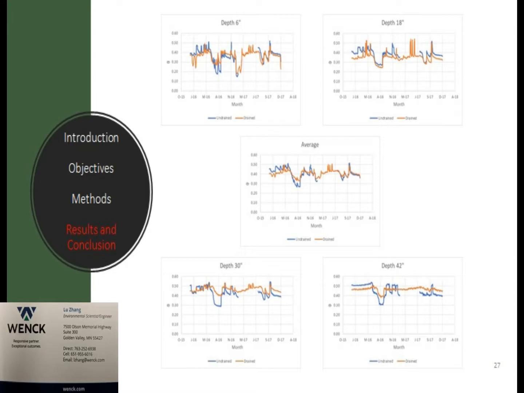When the soil moisture drops below the field capacity and starts to impact evapotranspiration, that's when the undrained drops below the drained field. So that's why you saw in the evapotranspiration that the undrained field exceeded the drained field again.